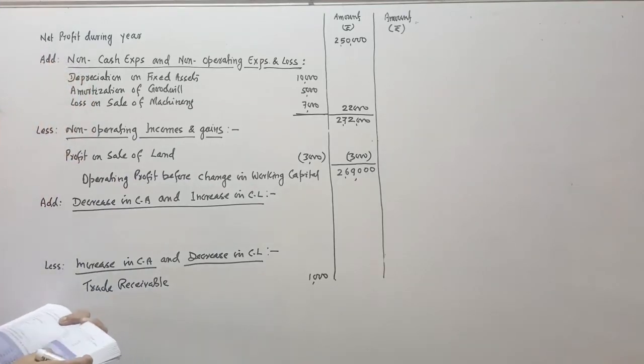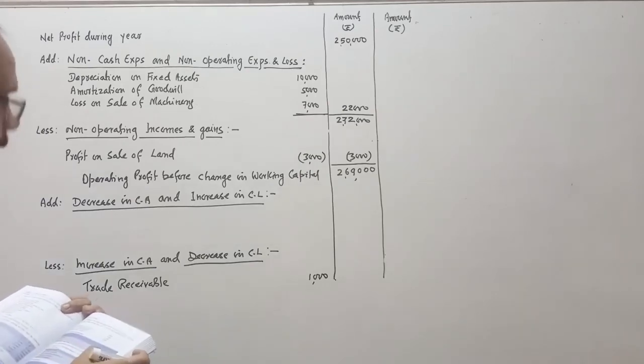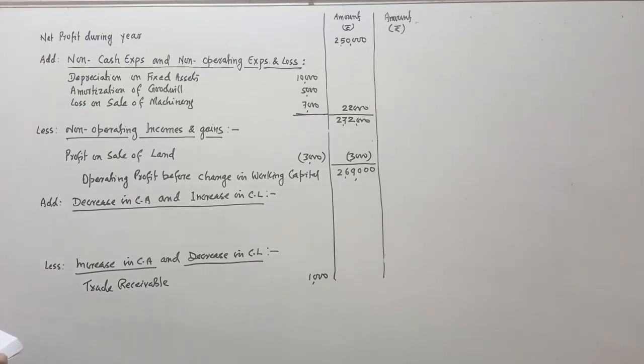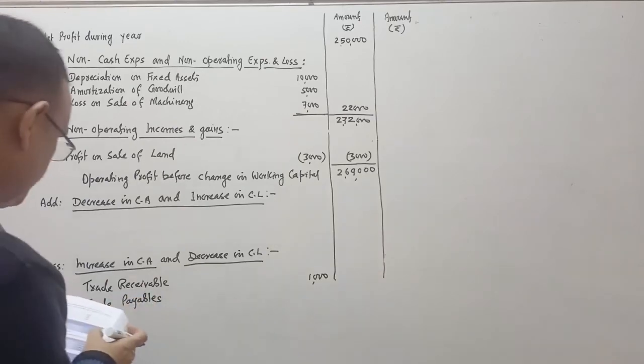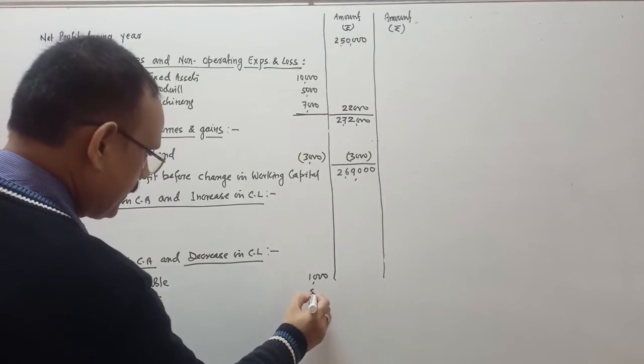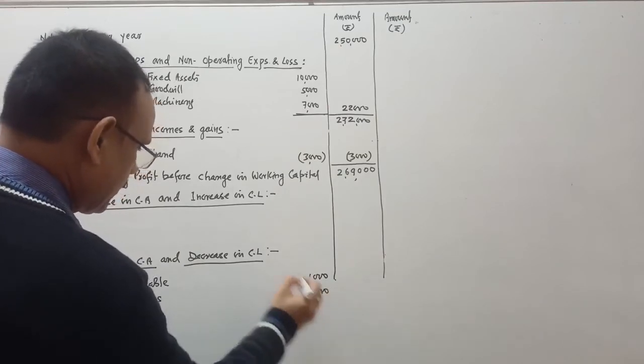So it is decreased by 5,000, a decrease in current liability. So this will also be deducted.